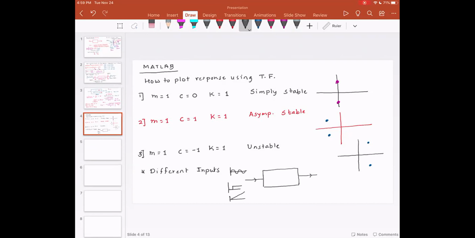Okay, now you should be seeing my MATLAB screen. What I want to do is type Simulink.